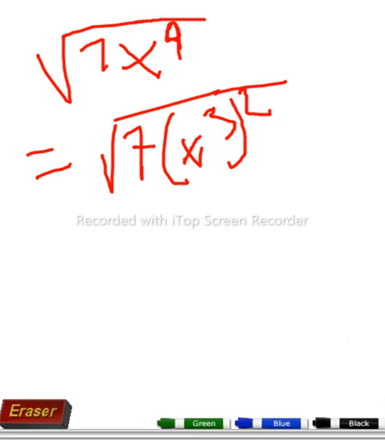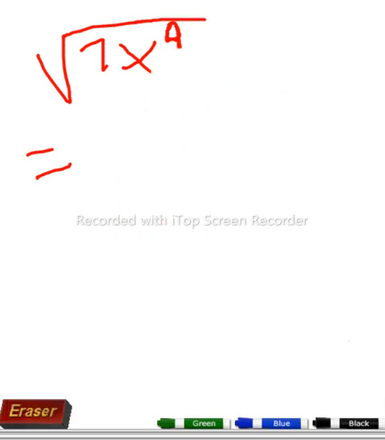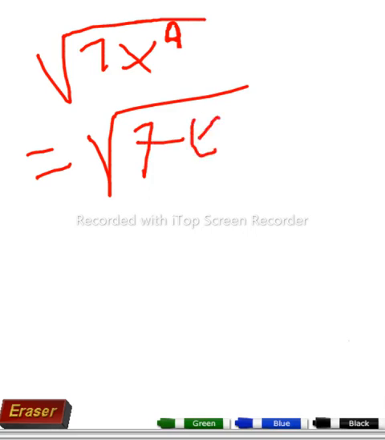So x cube will come out because of the square here. We have 2 as we know. The square root means we have 2. So x to the power of 9 means x to the power of 3, the whole, and we can write it like this.